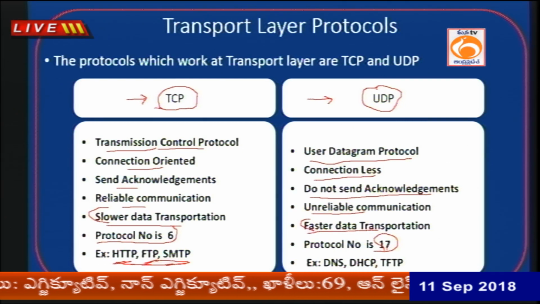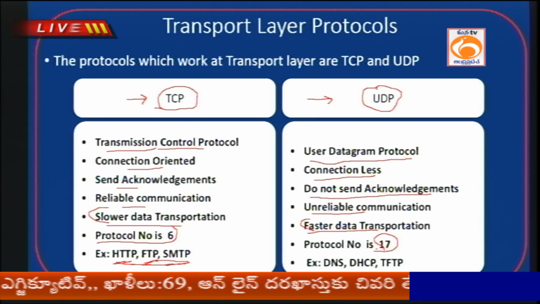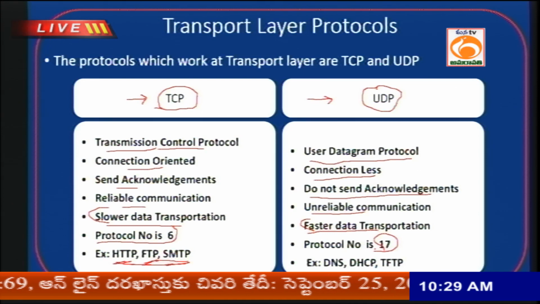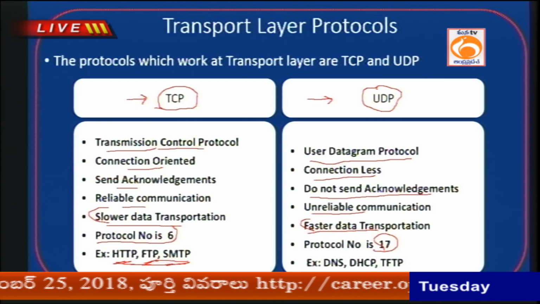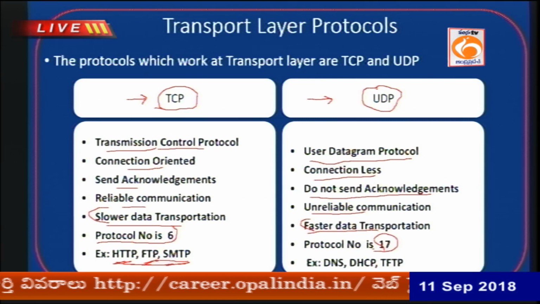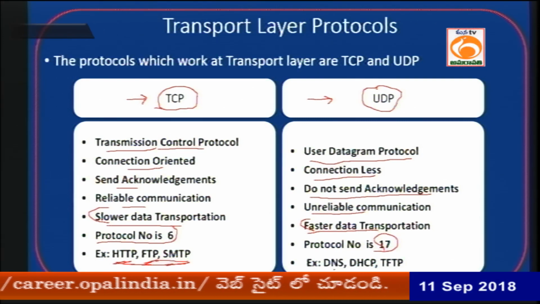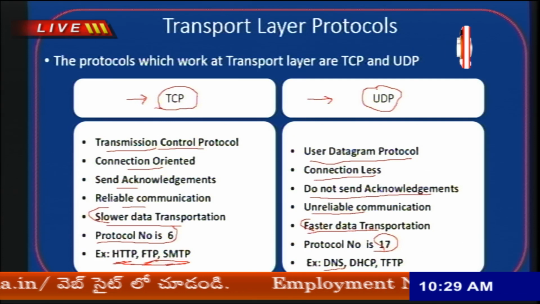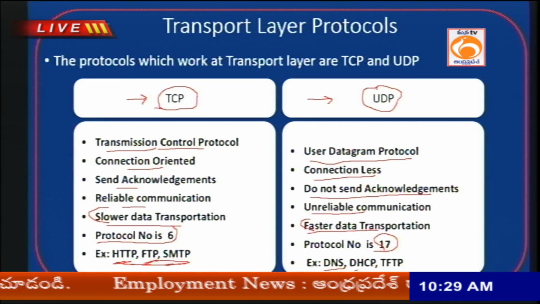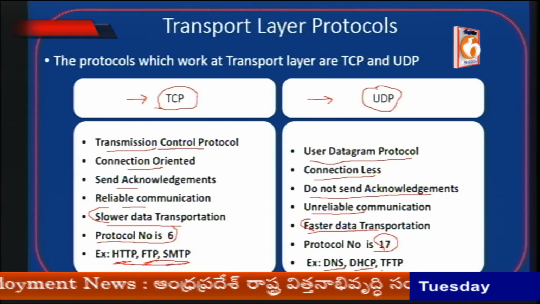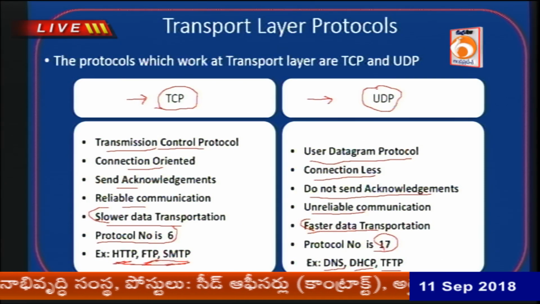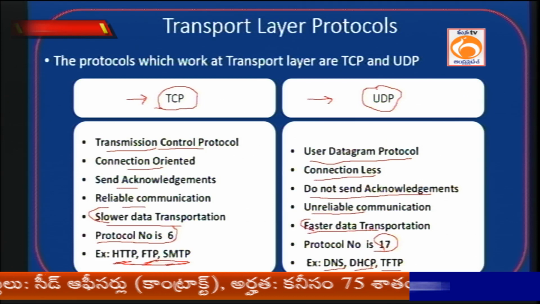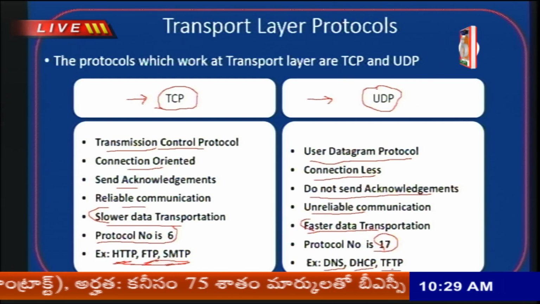We have a little while ago discussed port numbers. Port numbers are allocated by the transport layer, whereas protocol numbers are allocated by the network layer. Examples of applications that use UDP for transport are DNS, Domain Naming System, DHCP, Dynamic Host Configuration Protocol, and TFTP.